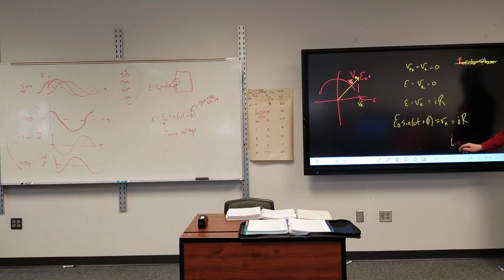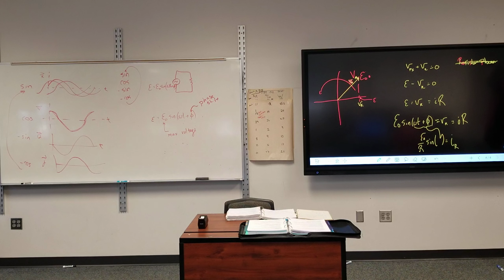So the current going across the resistor is equal to epsilon sub naught over R sine of omega t plus phi. So the maximum current across the resistor is epsilon sub naught over R.